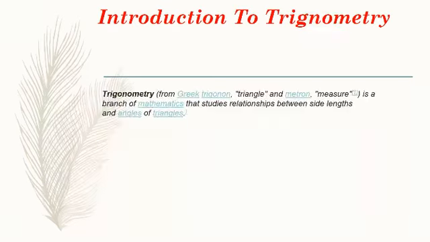So, in the last class, we defined trigonometry. I told you that trigonometry is the branch of mathematics that deals with the study of relationship between the sides and lengths and angles of a triangle. That part of mathematics is known as trigonometry.